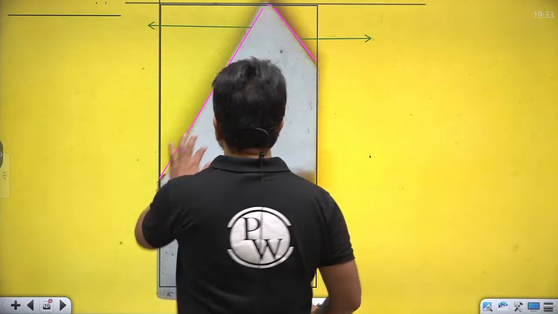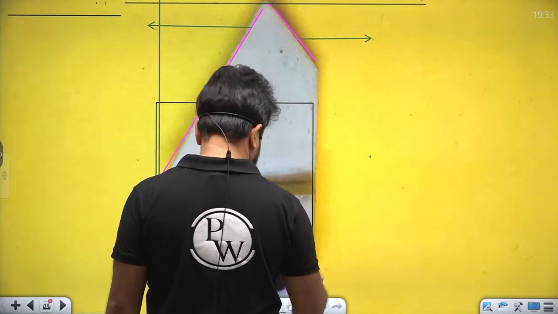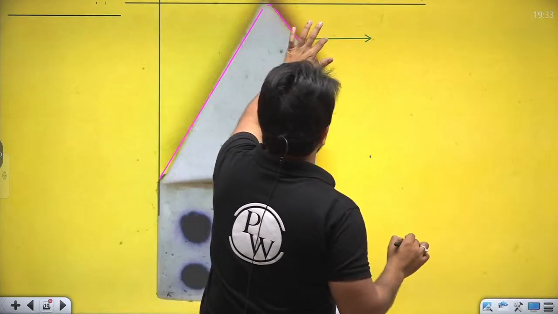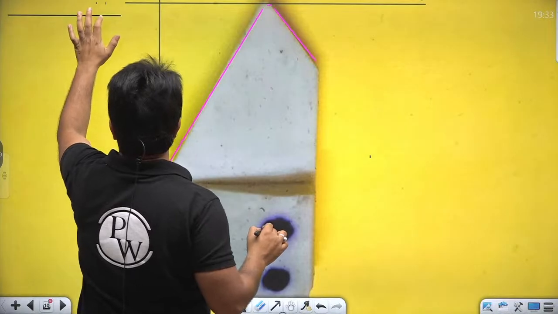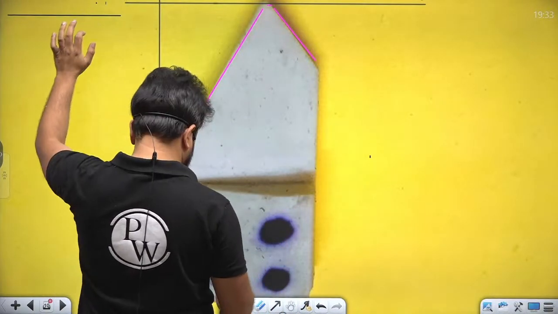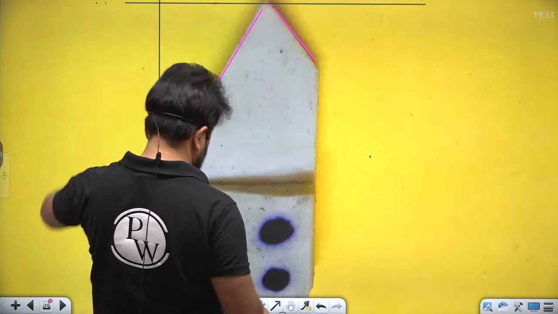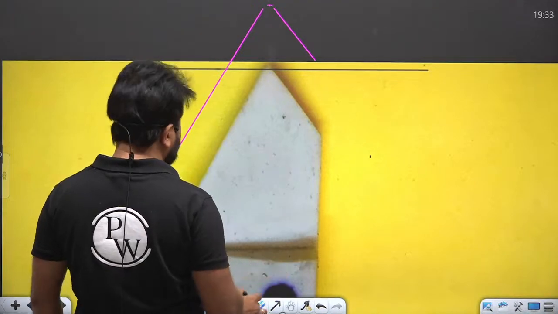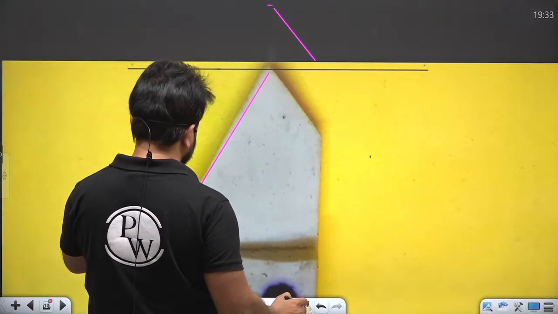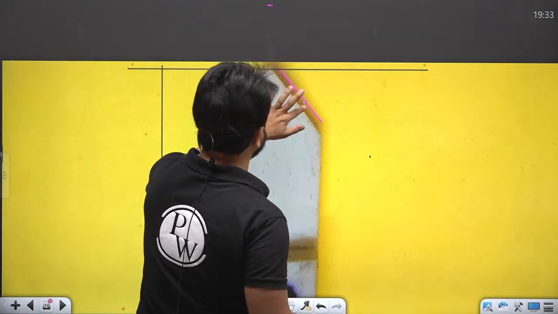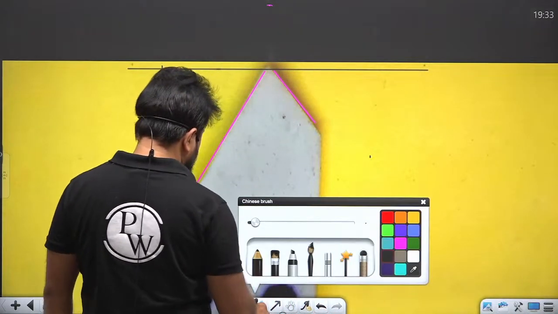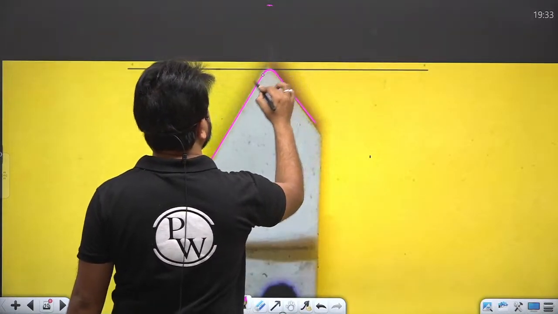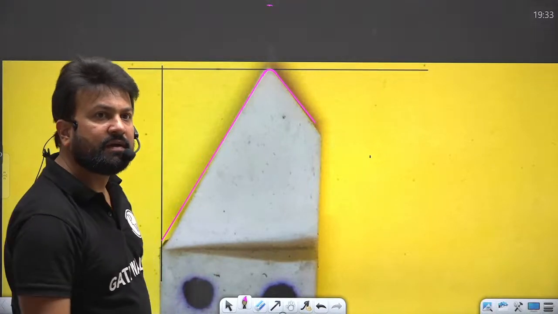Now see here, my dear, I'm talking about this. Here you can see this is a curvature, right? This is a curvature.